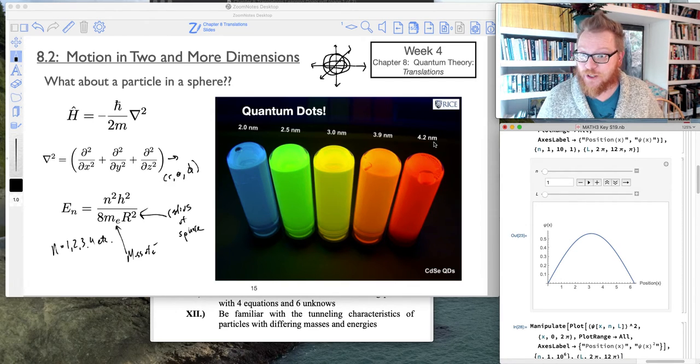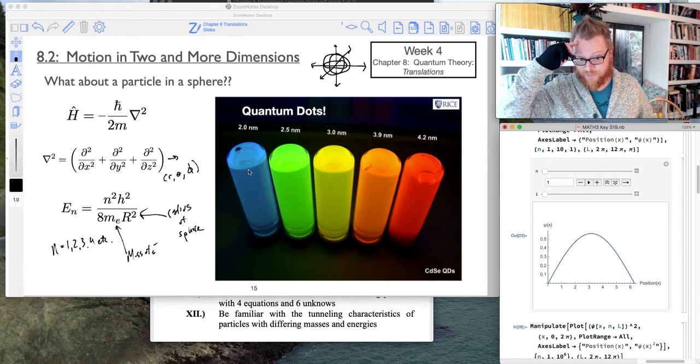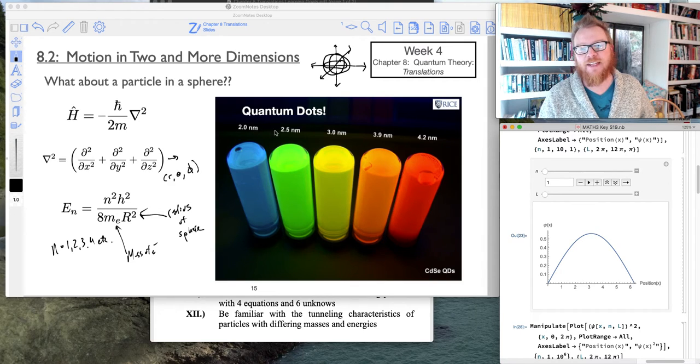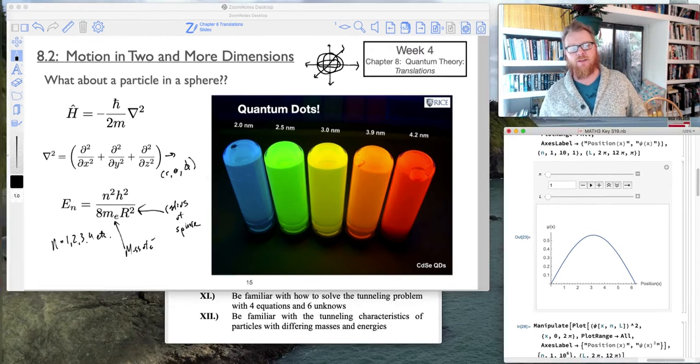You notice there's a really cool trend. The very small particles appear blue to our eyes. The bigger particles appear red to our eyes. As the particles get bigger, they push more into the red end of the spectrum. Or in other words, as the particles get smaller, they push more into the blue end of the spectrum.